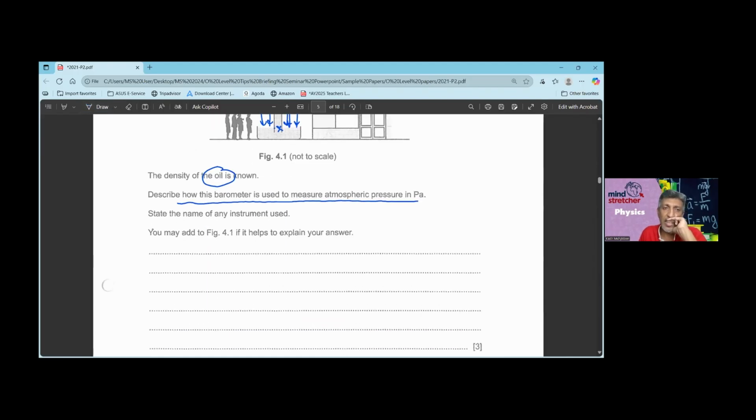They said, state the name of the instrument used. They said, how can this barometer be used to measure atmospheric pressure?